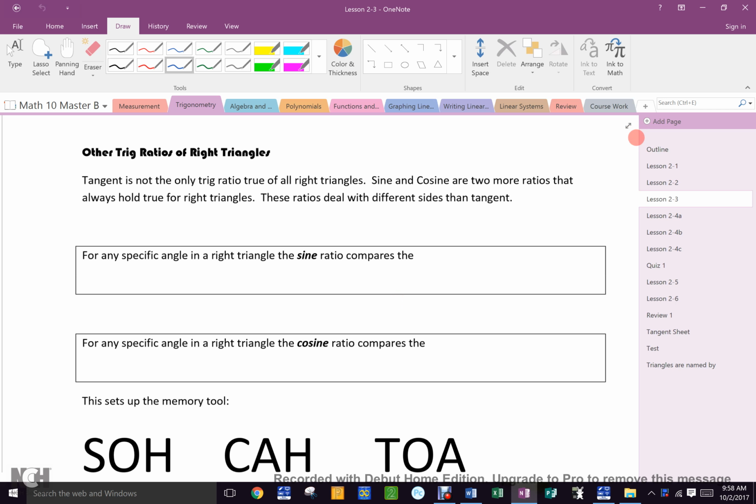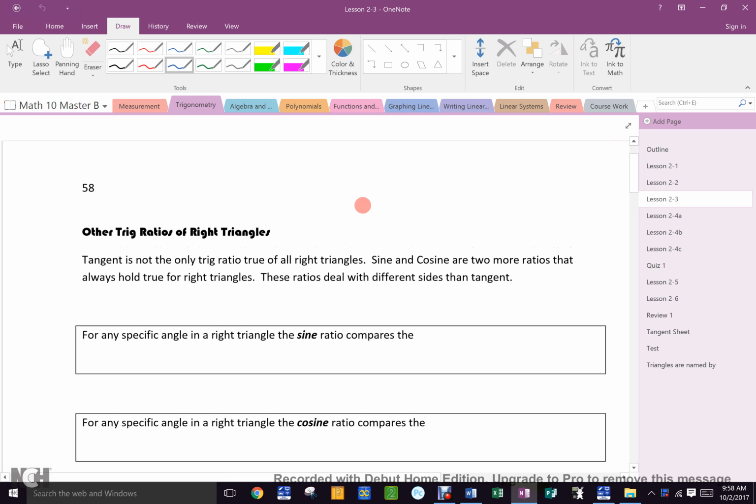You guys recognize that if I draw a triangle here with A, B, and C, and I have a red theta or a green theta, I can use tangent with the legs, yes?